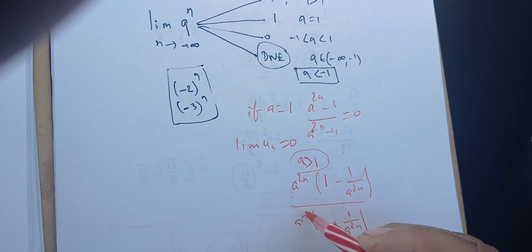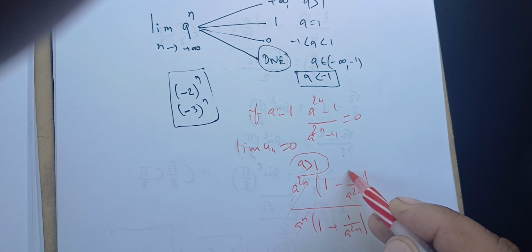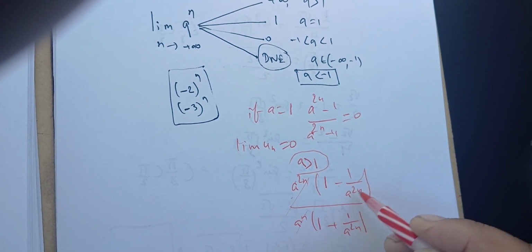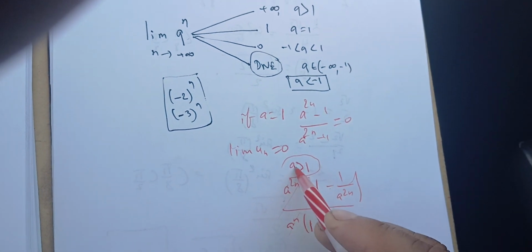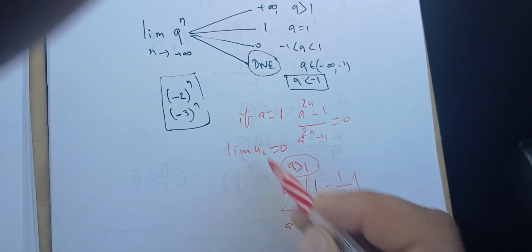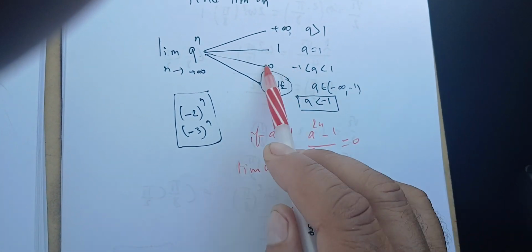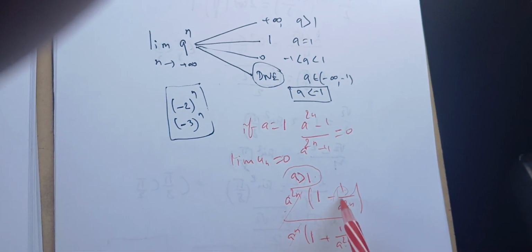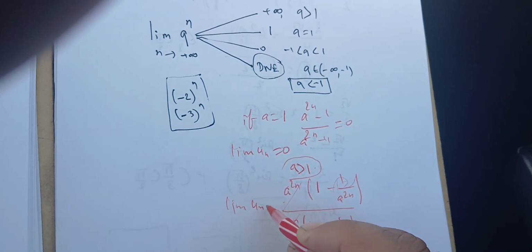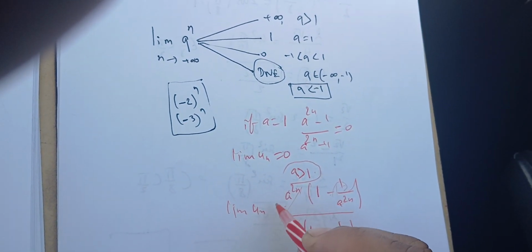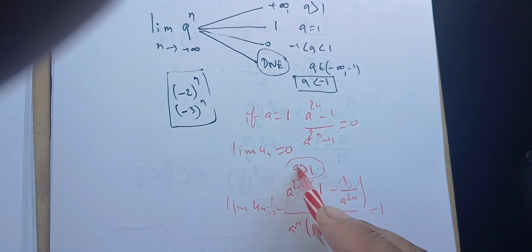I can cancel a to the power 2n, and I'm left with 1 minus 1 over a to the power 2n over 1 plus 1 over a to the power 2n. Since a is bigger than 1, 1 over a is less than 1, so this limit is 0. Therefore the limit of un, in this case where a is bigger than 1, is 1.